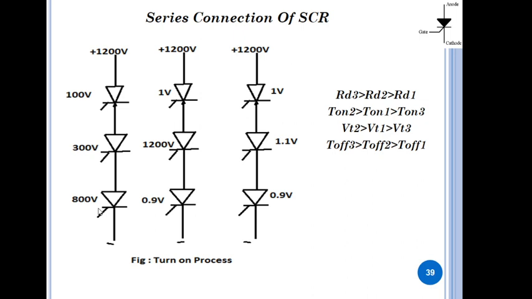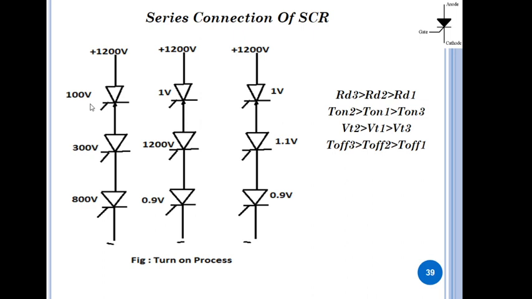The SCR which has the maximum blocking state resistance will share the maximum voltage, and in the figure SCR number 3 shares the maximum voltage compared to the other two. So this is our first stage when we apply forward voltage to the string. No SCR comes into the on state, we just apply the forward voltage and observe the forward voltage distribution across each SCR.